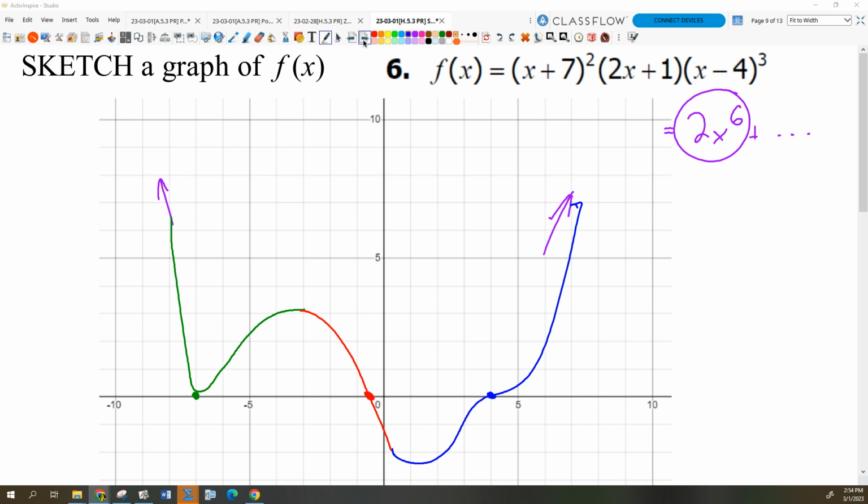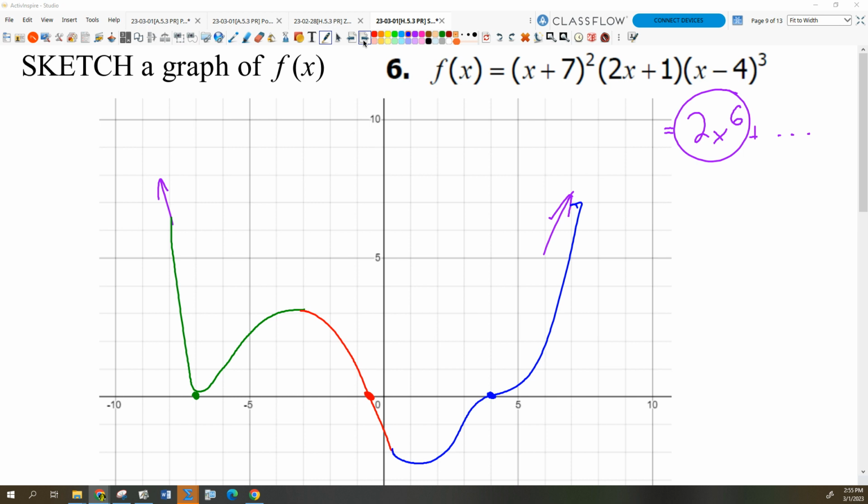What about this one? If I cube out x minus 4, I'm going to get x cubed plus a bunch of other garbage, right? So I end up with x squared times x cubed is x to the 5th, times 2x is 2x to the 6th, plus a bunch of other stuff that we don't care about because we only want end behavior. End behavior always comes from the leading term in the polynomial.